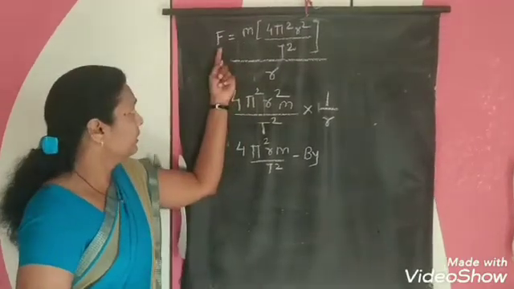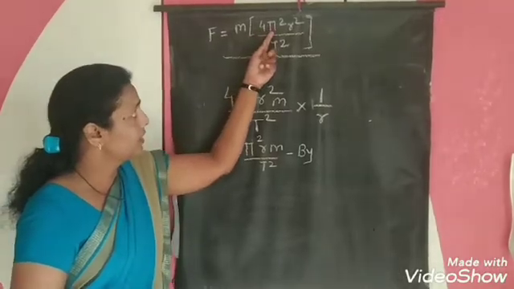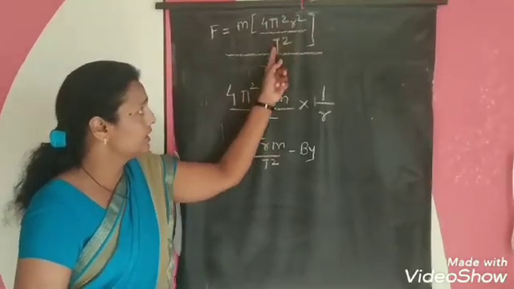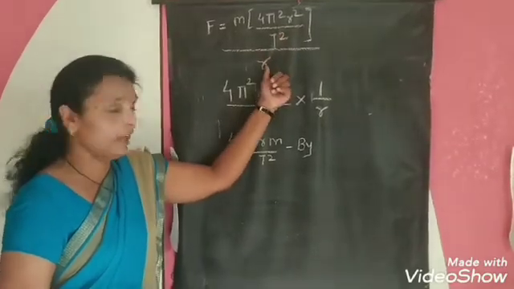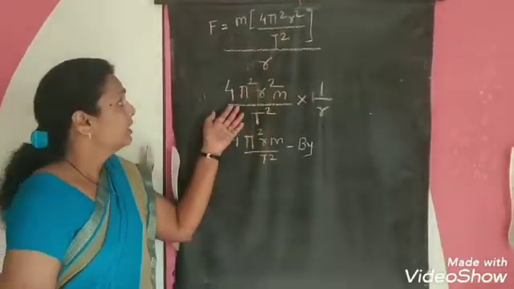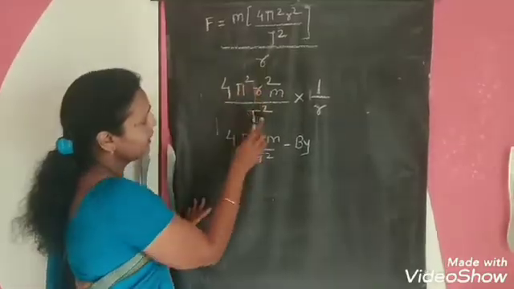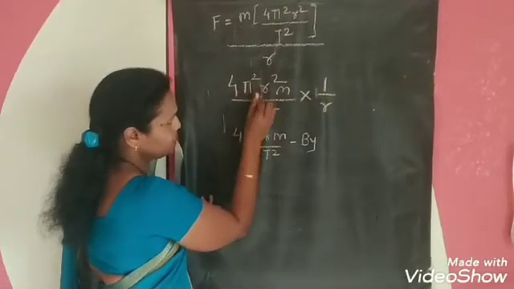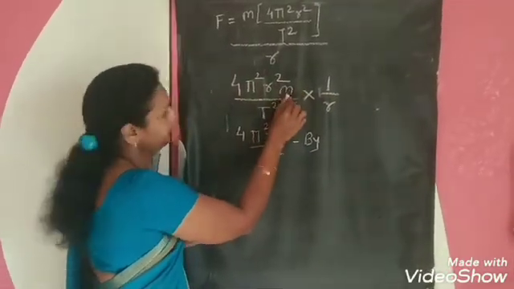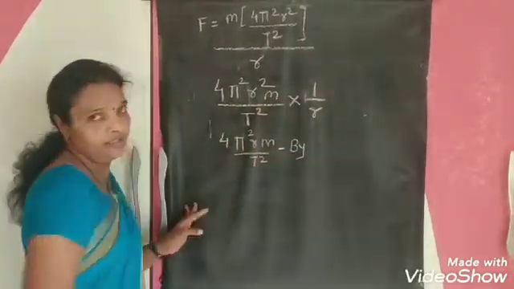Now we get F is equal to m into bracket 4 pi square r square divided by t square, and again divided by r. When this is again divided by r, how will we write this step? 4 pi square r square m divided by t square into 1 upon r.